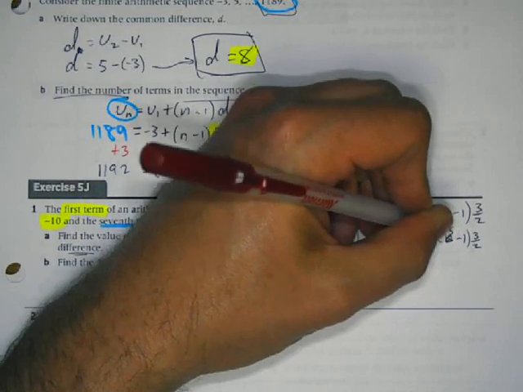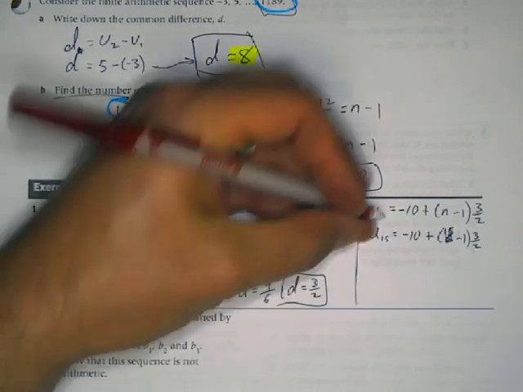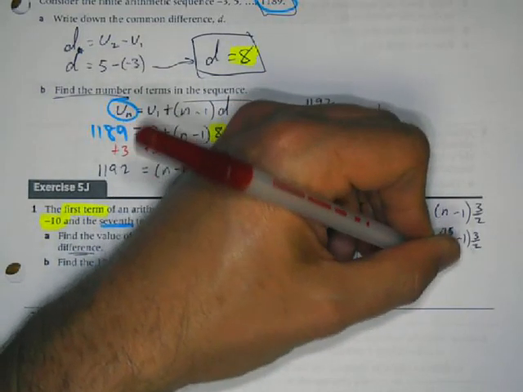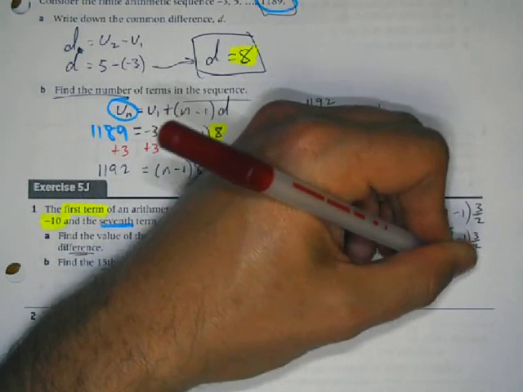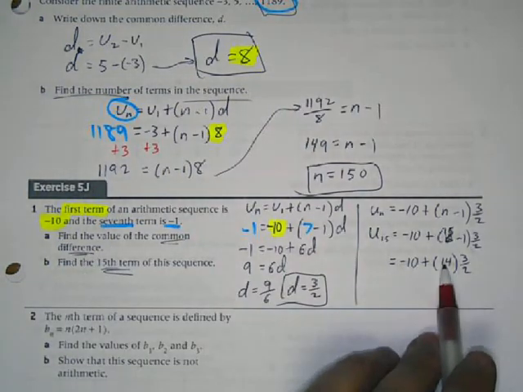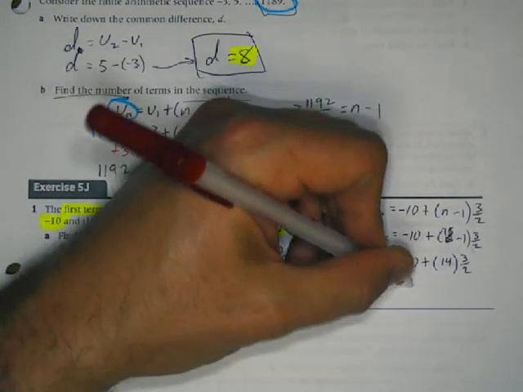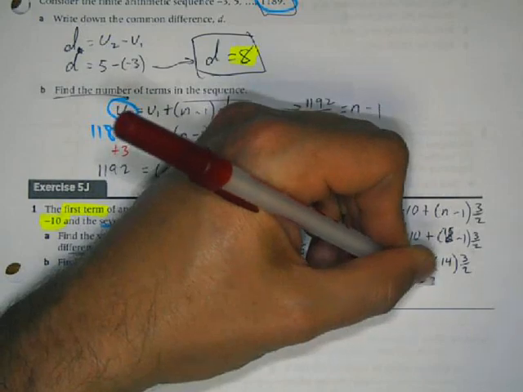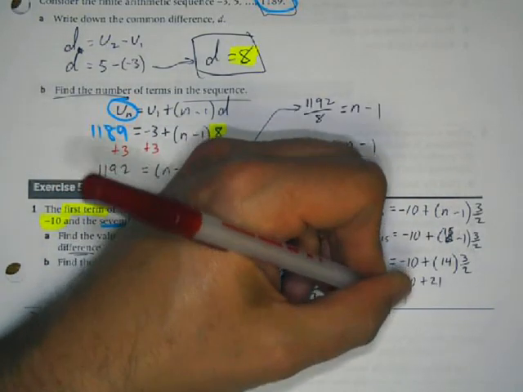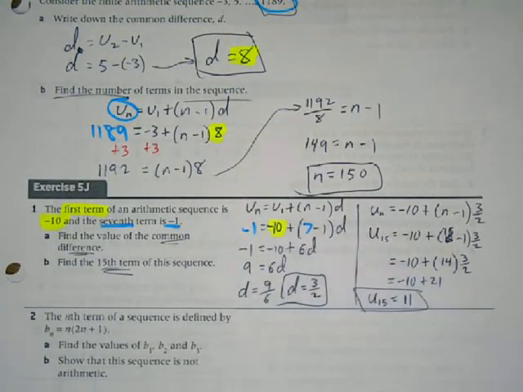Let's put that in there. Okay, so now I've got negative 10 plus 14 times 3 over 2. Well, 2 goes into 14 7 times. 7 times 3 is 21, so I've got negative 10 plus 21. So u subscript 15, the 15th term, is equal to 11, because negative 10 plus 21 is 11.